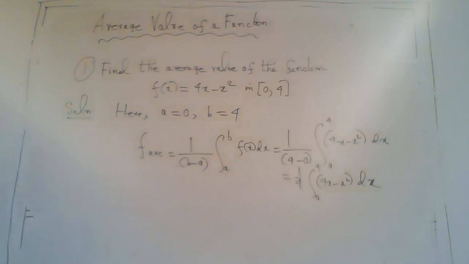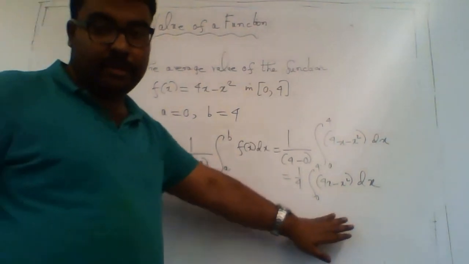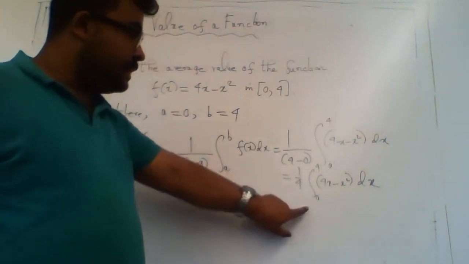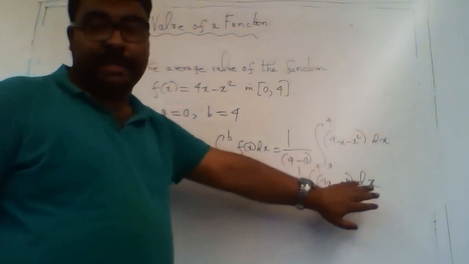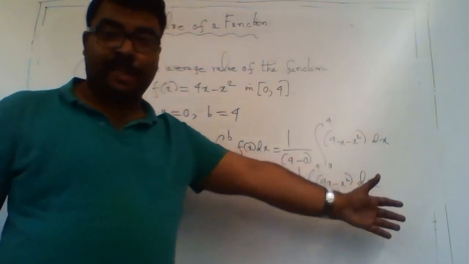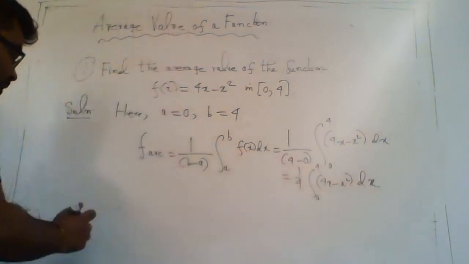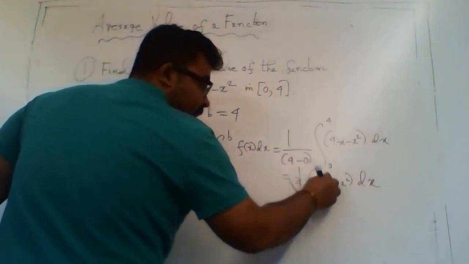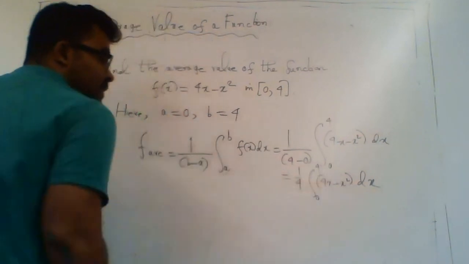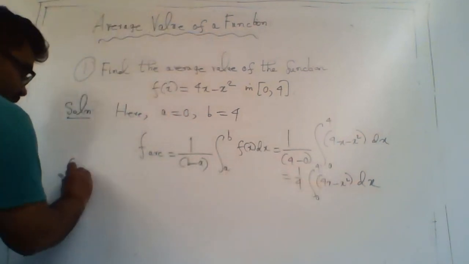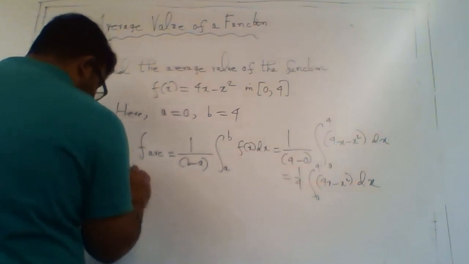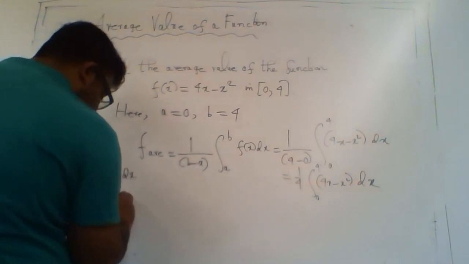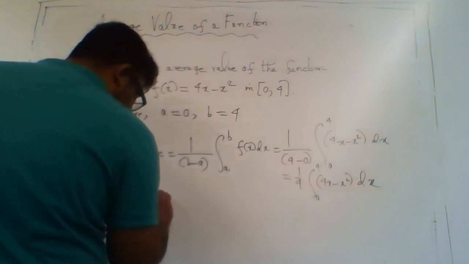Now we just have to find this integral from 0 to 4 of 4x minus x squared. Finding a definite integral is very easy. We did a lot of problems, so let's do it. First we forget these limits and find just the indefinite integral. The integral of (4x minus x squared) is the integral of 4x dx minus the integral of x squared dx.